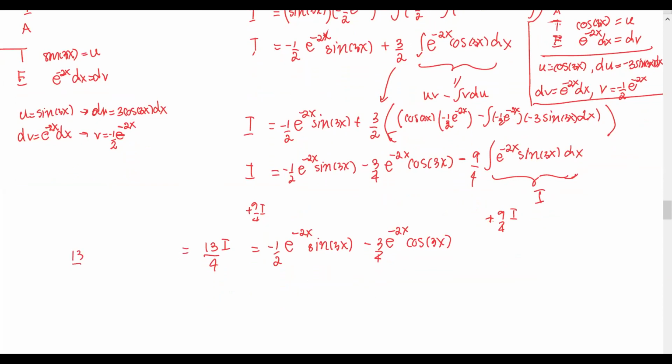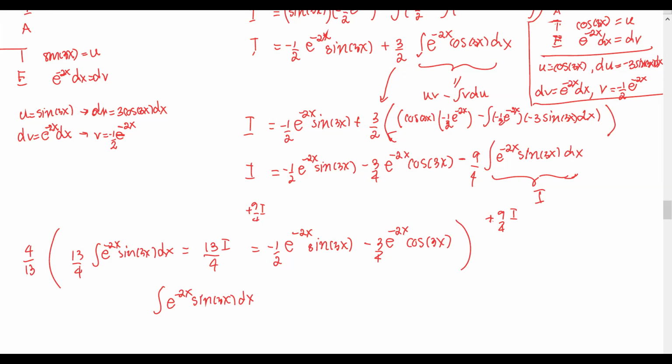And just to remind you, the I is the integral of e to the negative 2x sine of 3x dx. So our goal is to find the integral of e to the negative 2x sine of 3x dx. Therefore, we multiply both sides by 4 over 13.